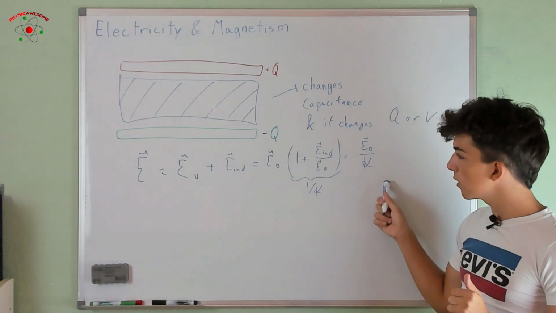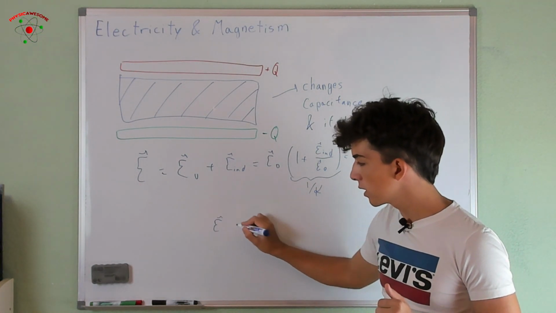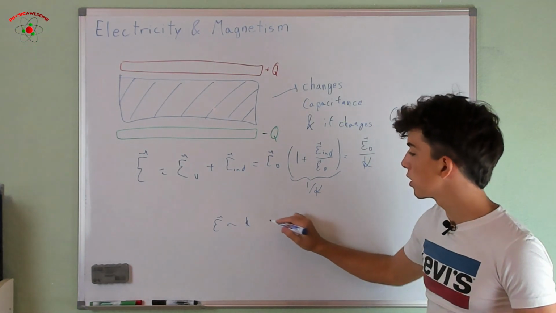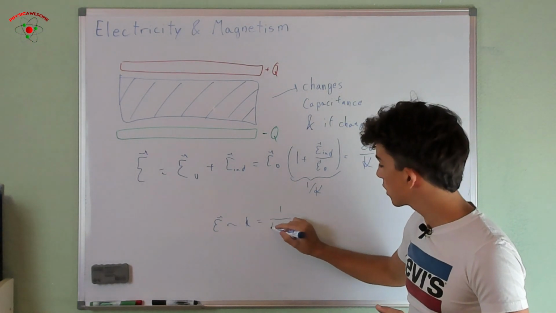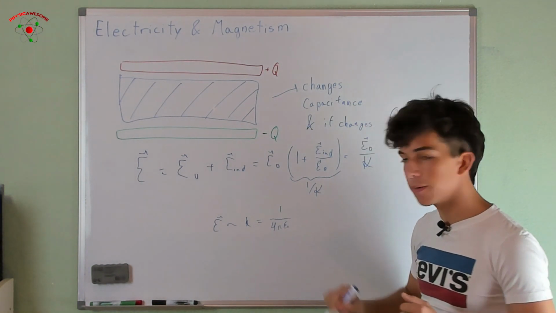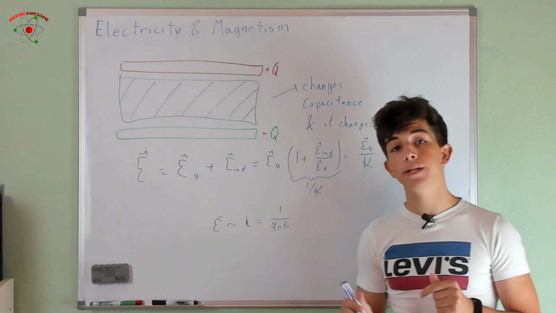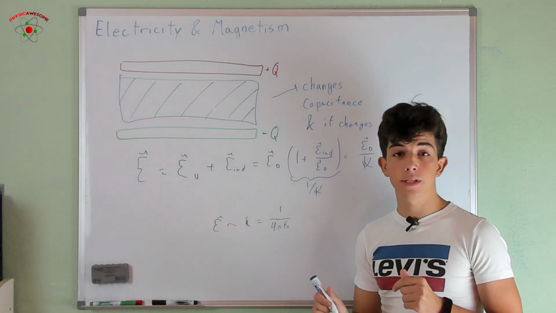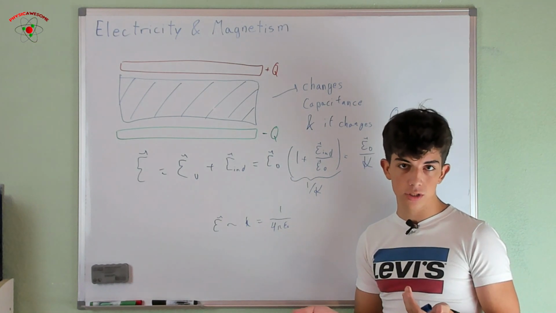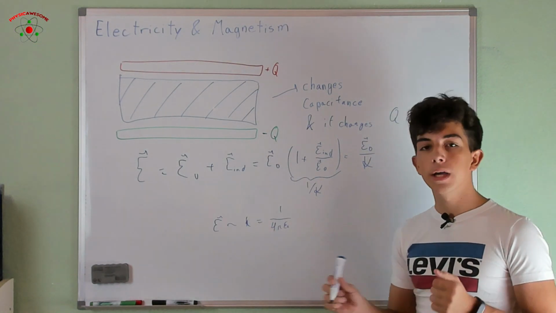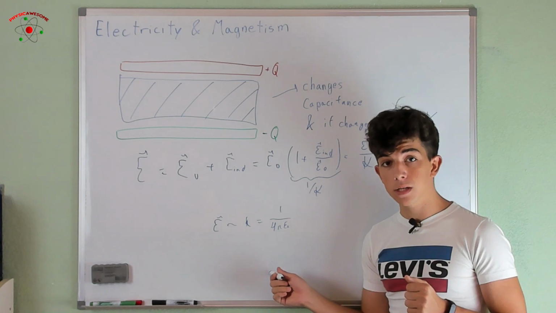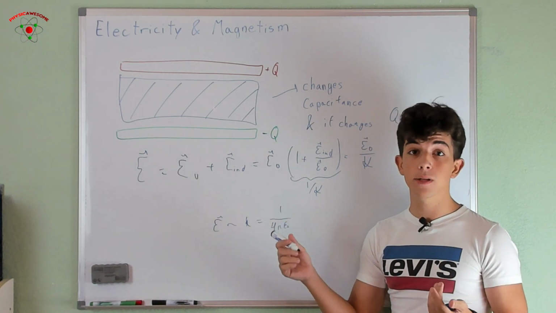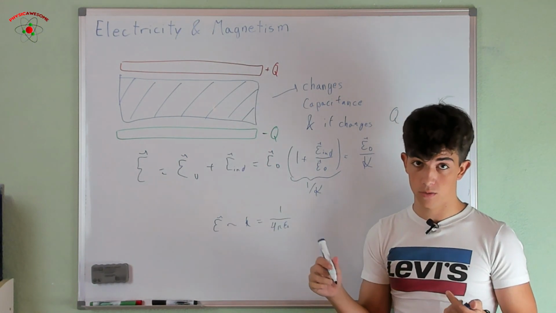Usually, this electric field, E, is going to be proportional to K in every situation, which means that this is proportional to 1 over 4 pi epsilon naught. And what happens is that we are going to include the effect of this kappa, of this dielectric constant that we have, in the permittivity of the space that is going to become the permittivity of the material we are treating.